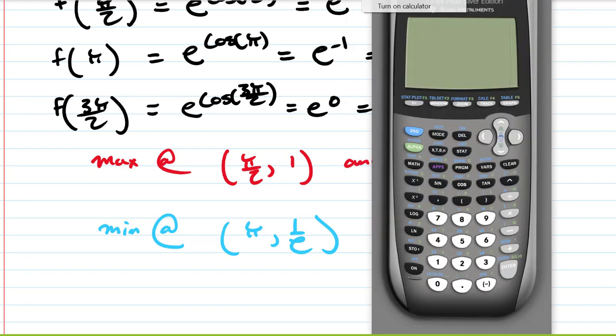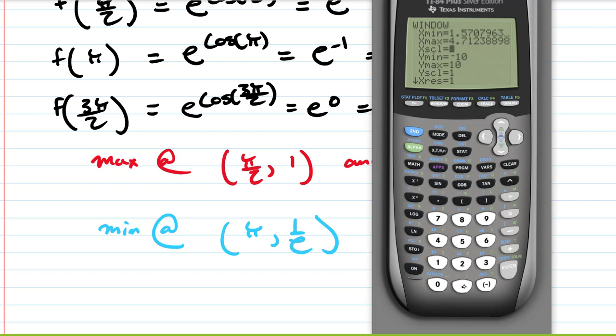So if we grab our graphing device and we graph e to the cosine, let's change our window to just be from pi divided by 2 to 3 pi divided by 2.